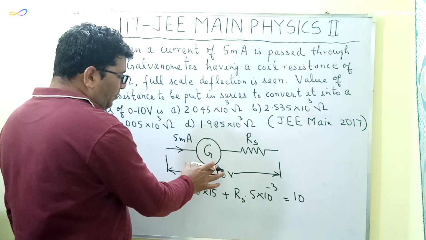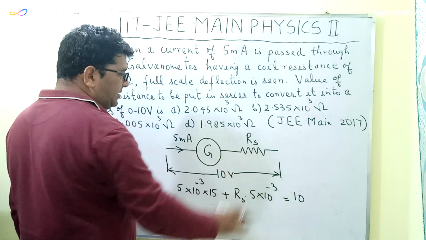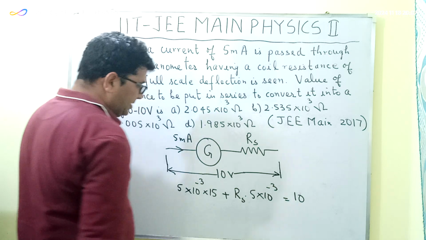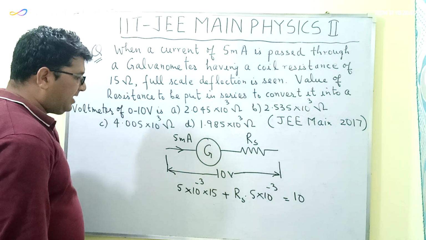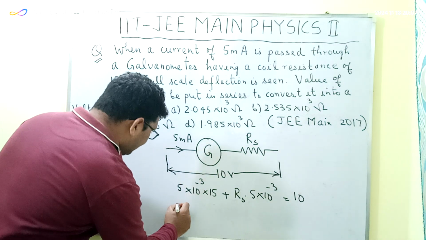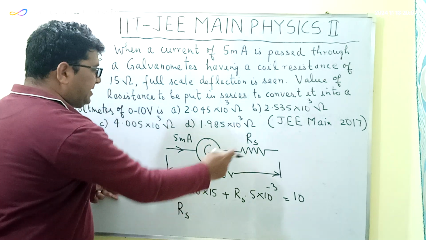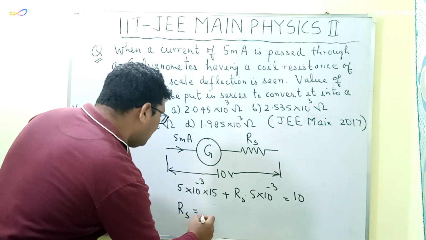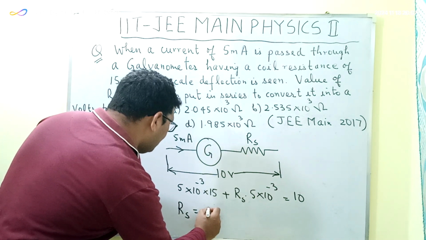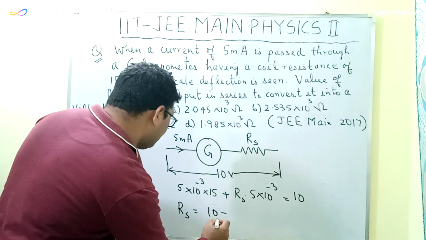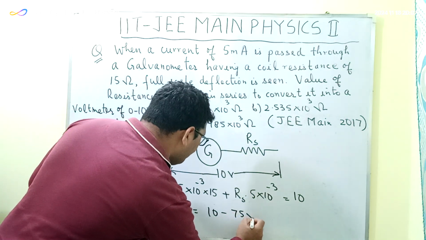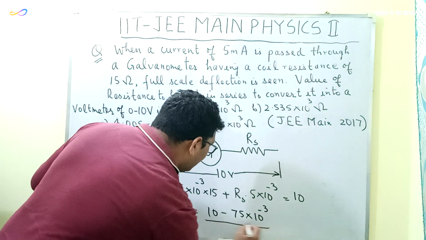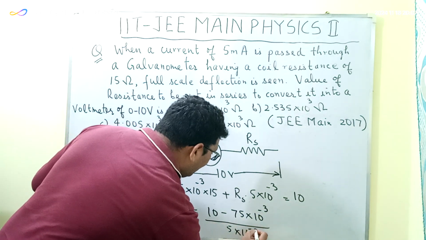So the sum of the potential difference across the galvanometer and this resistance will be equal to 10 volts. From here we can easily find the value of the resistance which is connected in series, and this is equal to 10 minus 75 into 10 to the power minus 3, divided by 5 into 10 to the power minus 3.